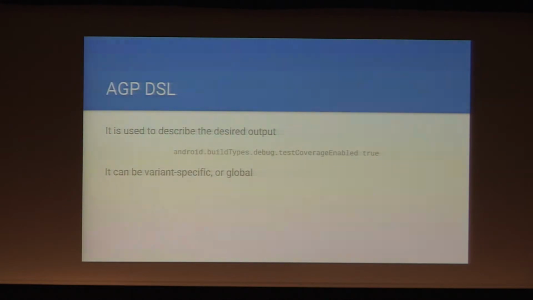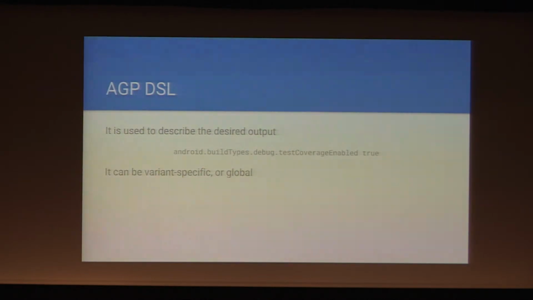So these DSL properties, internally we split them into two different categories. The first one is the global one, which is basically the DSL options that are applied to all of the variants. I'm not sure if you use them, for instance, APT options or DEX options. These are things that are applied to all of the variants, like for instance, compile SDK version. Each of the variants captures those. However, they can be variant specific.